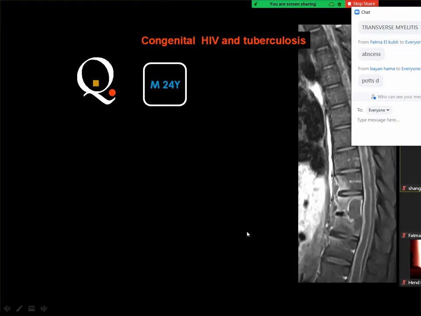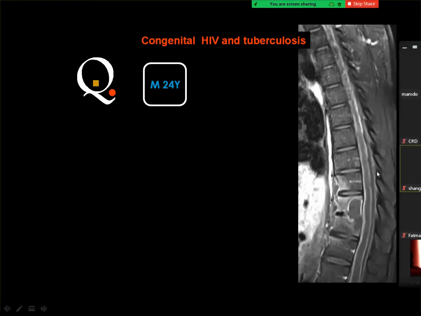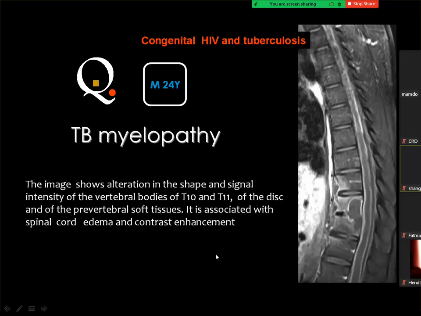Yes, and actually, this is the TB infection, Pott's disease of the spine, of multiple vertebral segments, including the disc in between. Then what's very important is the extensive enhancement inside the spinal canal, and this is what we call TB myelopathy.